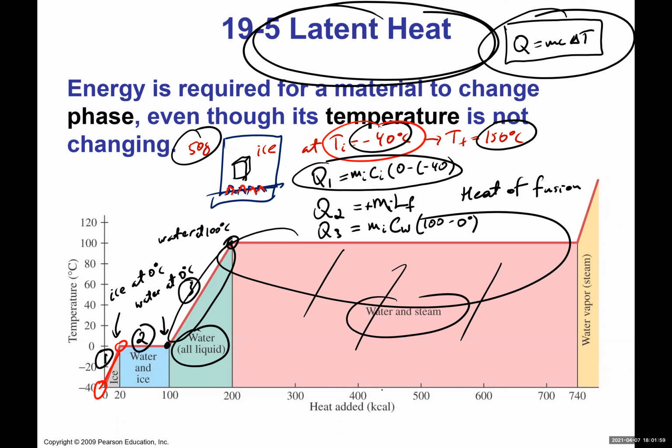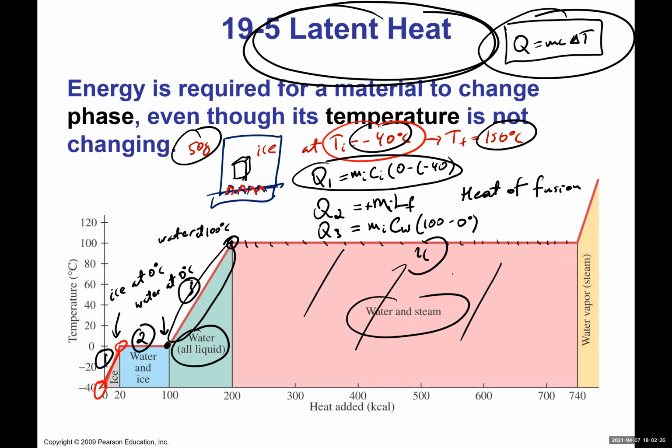While you're evaporating the water, your substance is partly liquid and partly steam, and eventually all the liquid becomes evaporated. As you get closer and closer, more of the substance is in gas form rather than liquid form.